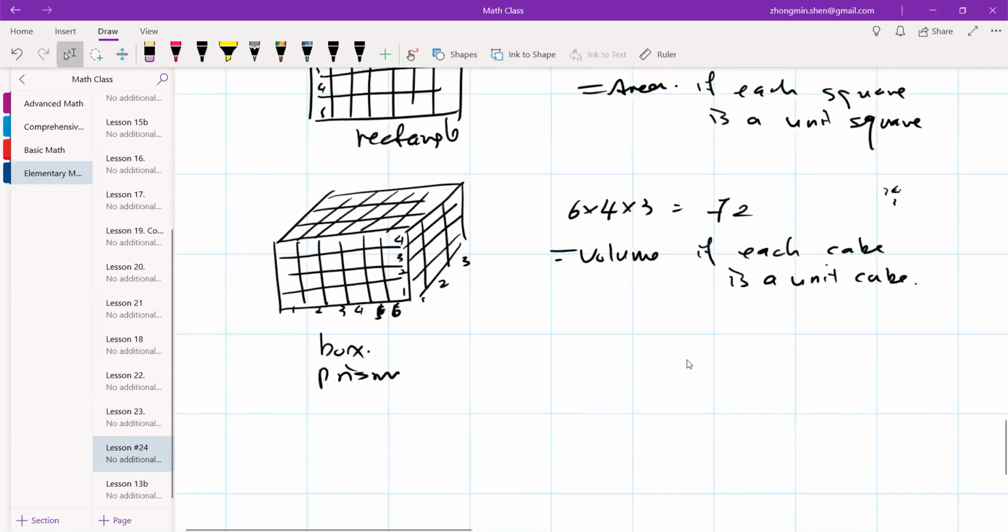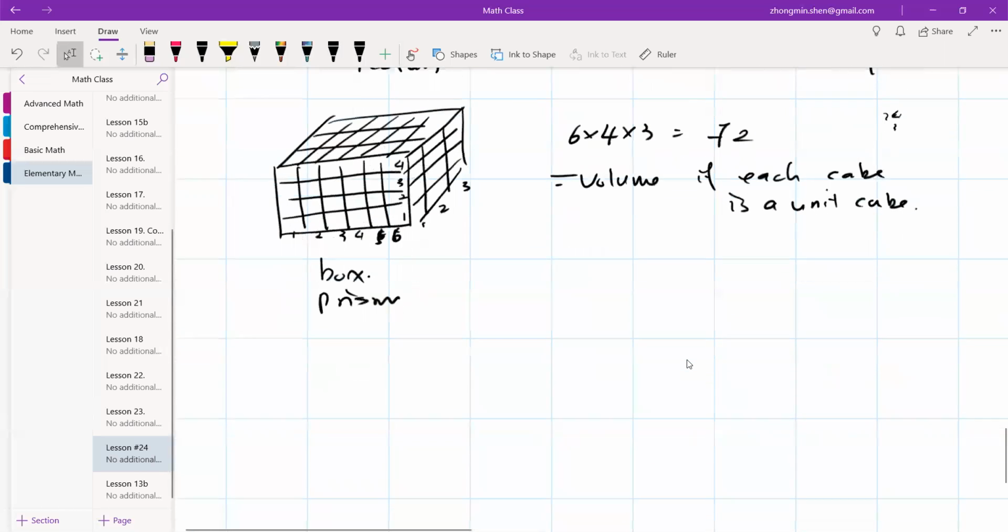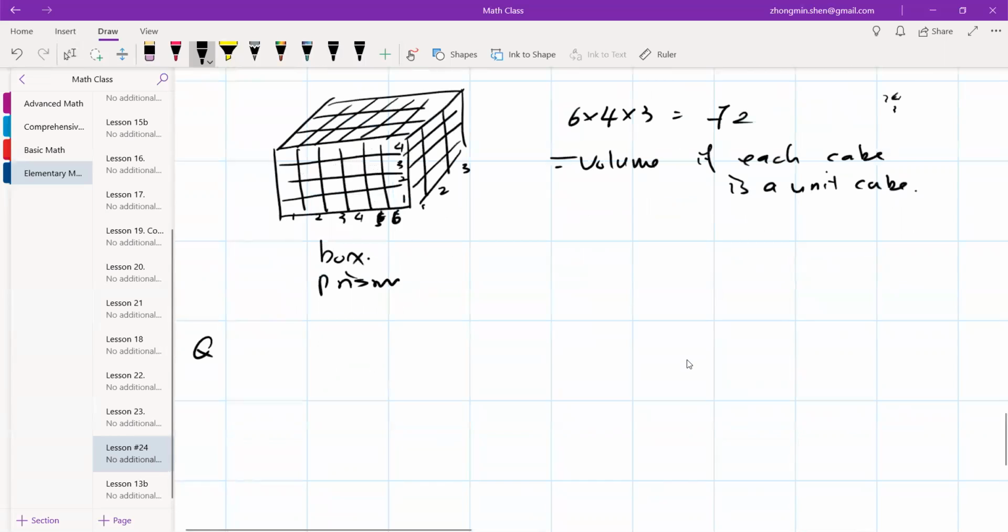You cannot say 2.5 cubes there, right? But if each side is an integer, then this tells you how many cubes are inside.